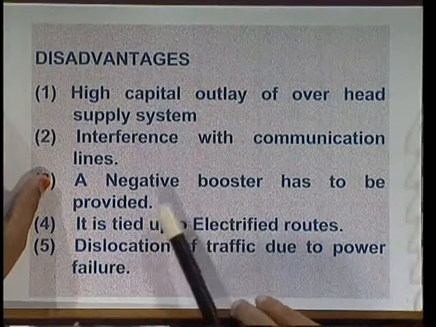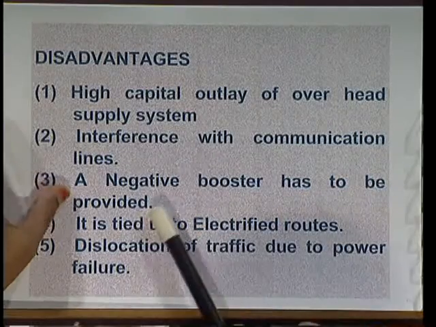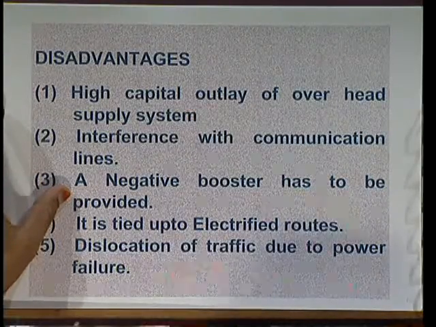The next disadvantage is that a negative booster has to be provided. If the negative booster is not provided, the return current through the ground causes corrosion to the underground pipework and the underground telephone and telegraph networks.